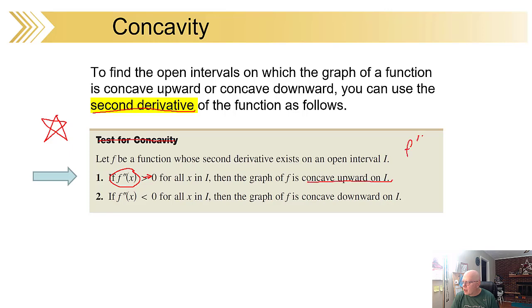So second derivative positive means you've got this. Second, as you might guess, if the second derivative is negative, then that section of the graph looks like this, roughly speaking.